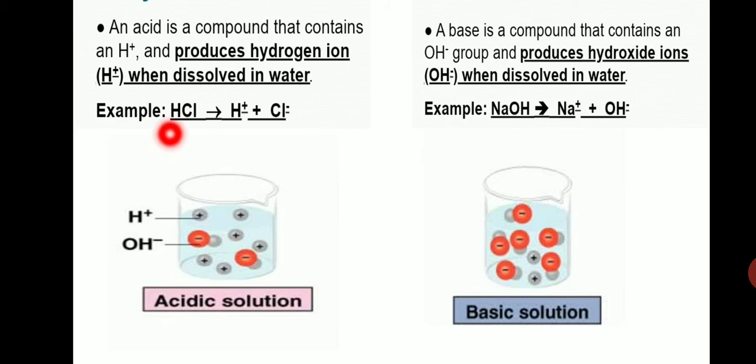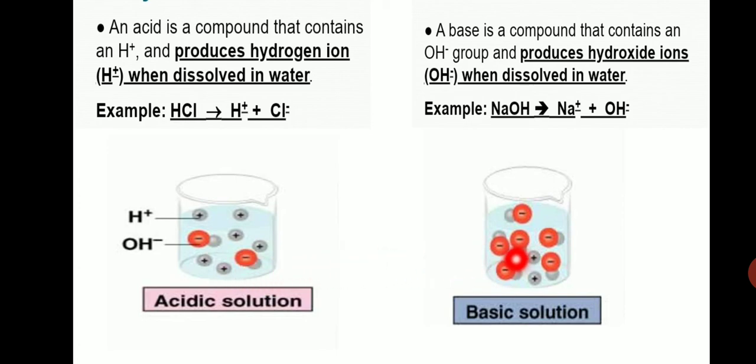So how does it split? HCl splits into H plus ion and Cl minus ion. NaOH splits into Na plus and OH minus ion. In the case of an acidic solution, the H plus ion concentration is more, so it behaves as acidic in nature.